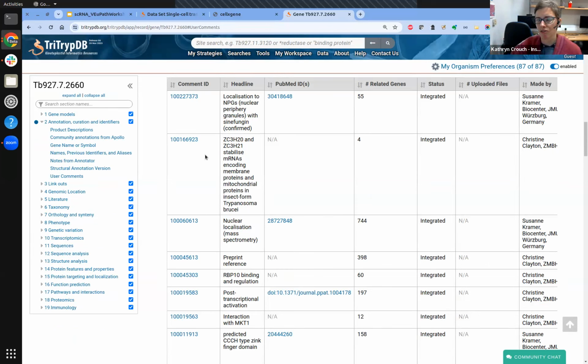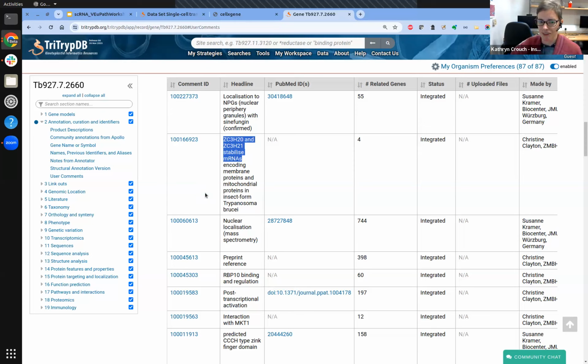So for context here, Trypanosoma brucei does polycistronic transcription, and it doesn't have very good control of gene expression at the transcriptional level. It actually transcribes all of the genes at the same level, and almost all of its regulation is post-transcriptional. So the first comment here was that this gene and a paralog are known to stabilize mRNAs. And obviously stabilizing an mRNA is a form of post-transcriptional regulation.